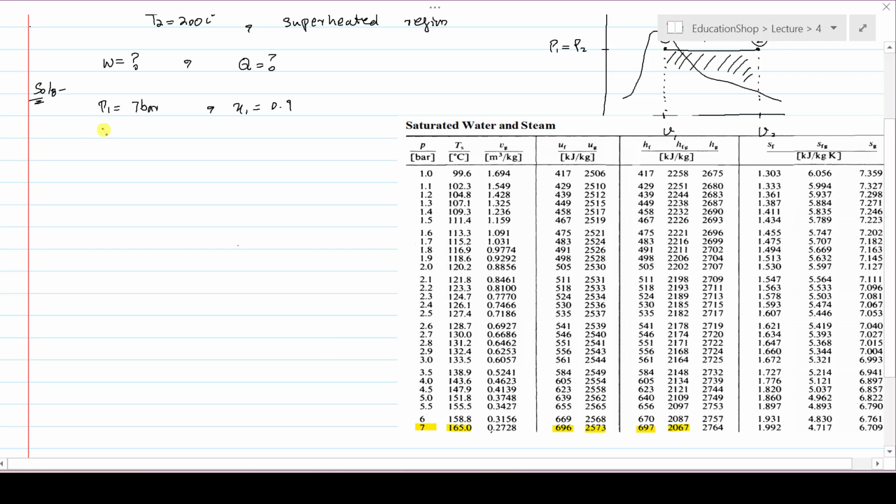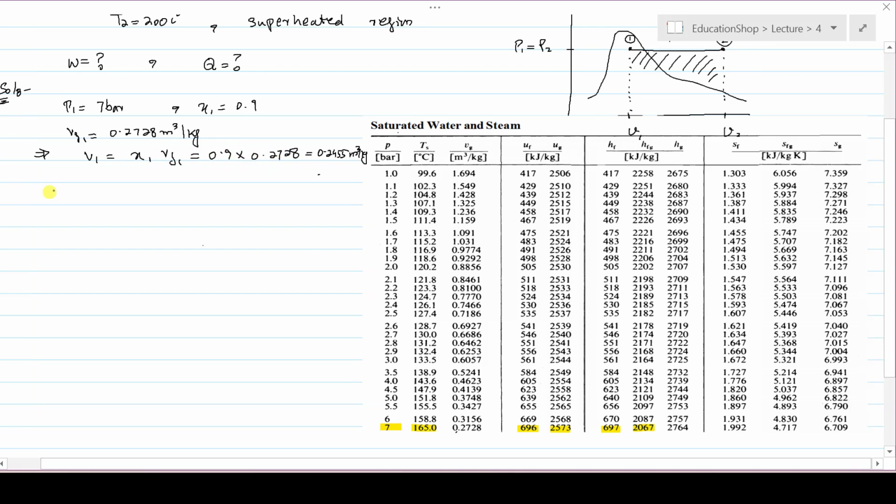So Vg1 is equal to 0.2728 meter cube per kg, and V1 is equal to x1 times Vg1, that is 0.9 multiplied by 0.2728. After the multiplication you will get the V1 value.